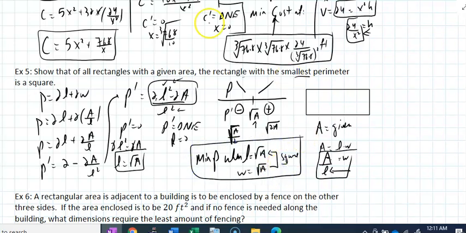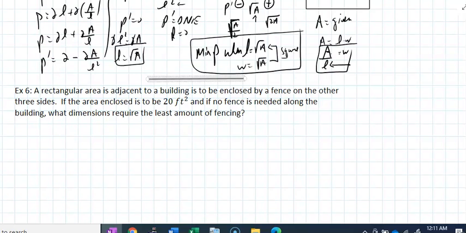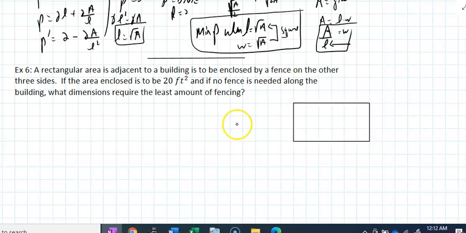One more problem. A rectangular area is adjacent to a building. It's to be enclosed by a fence on the other three.